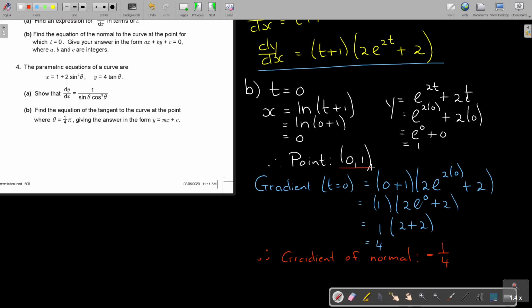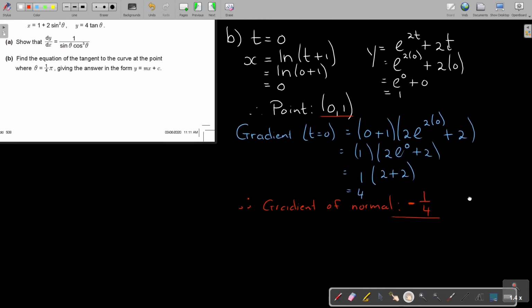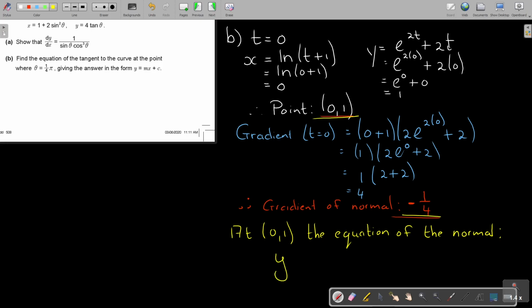Okay, there's my point, there's my gradient. Let's find the normal. So we can write here, at 0 and 1, the equation of the normal, and that is going to be using that point and that gradient. So it's y minus 1, remember this is x, y, so y minus 1 is equal to negative a quarter, x minus 0.